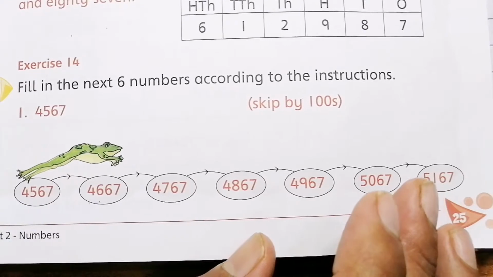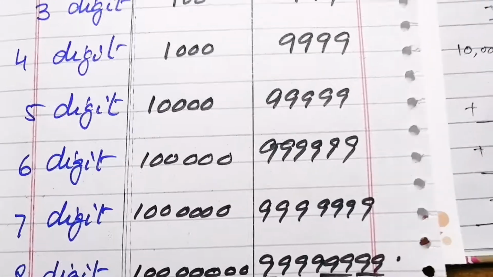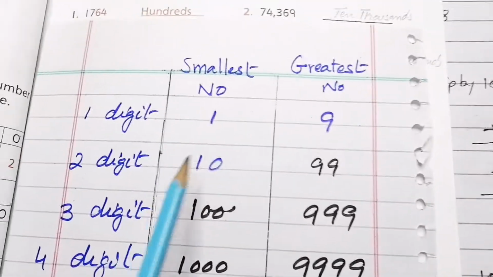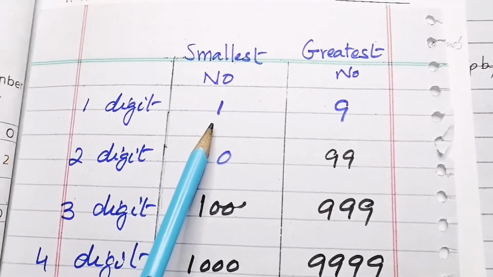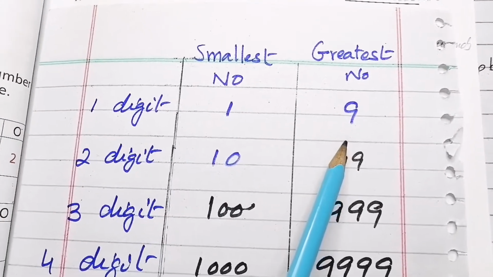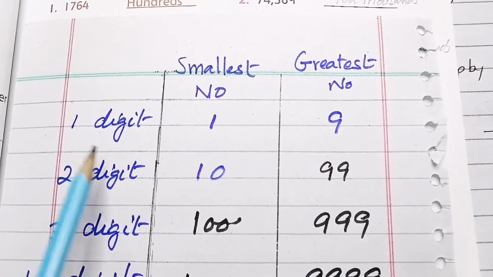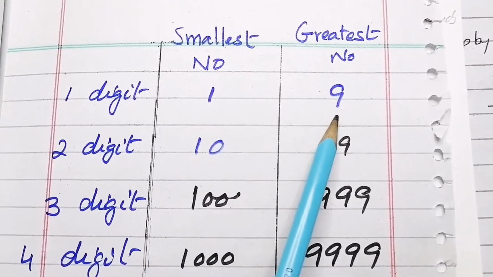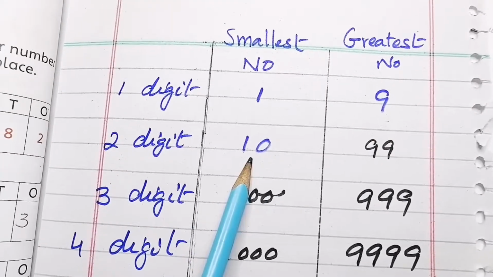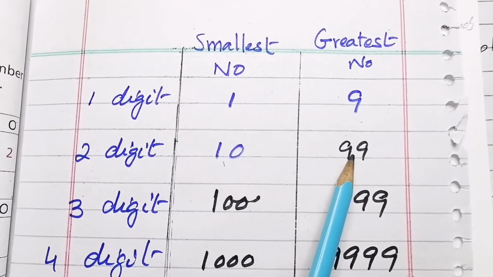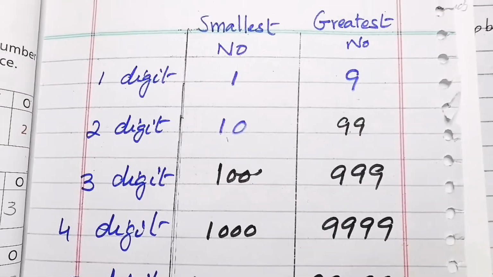So one thing I would like to share with you is the smallest number and the greatest number, right? Here the 1 digit smallest number is 1, and the 1 digit greatest number is 9. The 2 digit smallest number is 10, and the greatest number is 99.